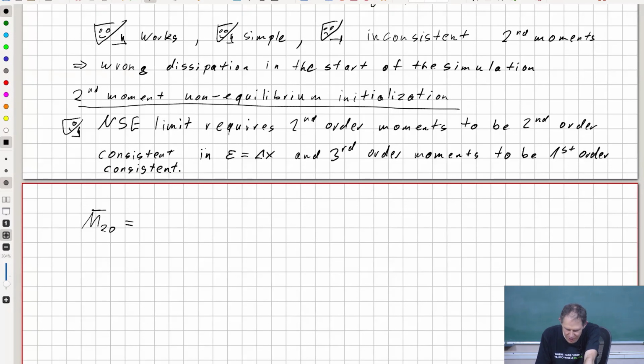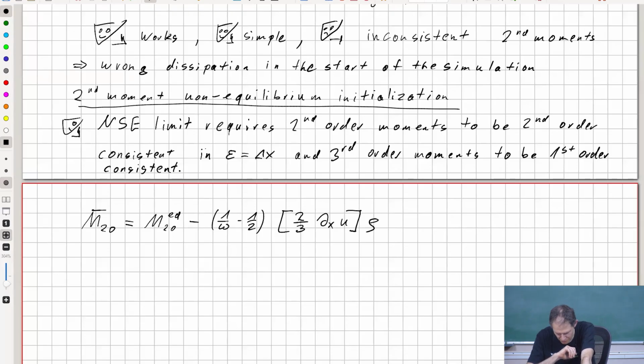But the non-equilibrium part of this second order moment would include, of course the moment itself includes the equilibrium, but it would also include the viscous part, which is this here, including this part and the derivative in x, times rho.